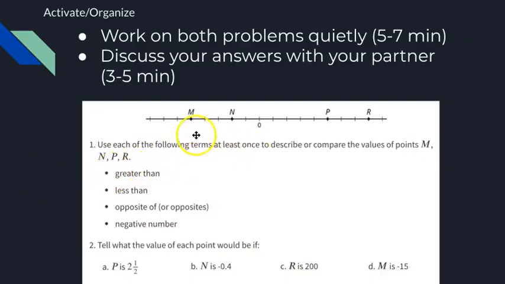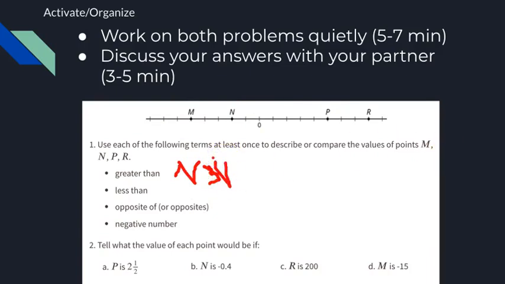All right, let's compare some points on a line here. So we've got M, N, P, and R here. So which of these could we use to make a greater than? Yeah, we could use R is greater than P, R is greater than N, R is greater than M, P is greater than N and M, N is greater than, sorry, my mouse is acting a little funny.